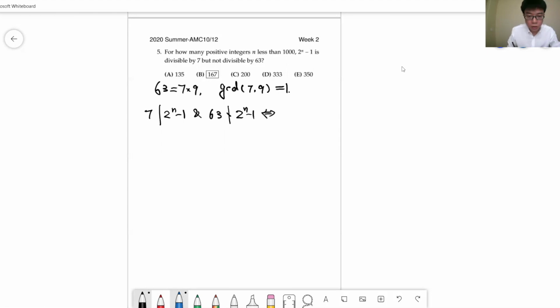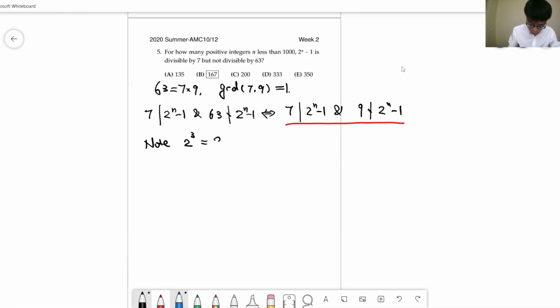This is equivalent to the following: 7 is a divisor of 2 to n minus 1, and 9 is not a divisor of 2 to n minus 1. Okay, this is equivalent. All right, let's consider this statement. Okay, notice that 2 to the 3, or 2 cubed, equals 8.